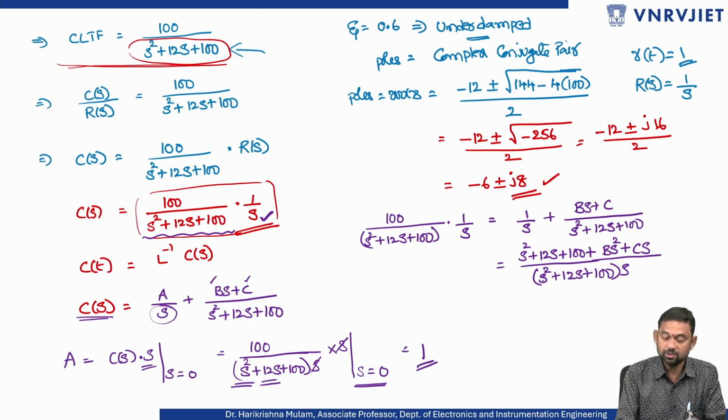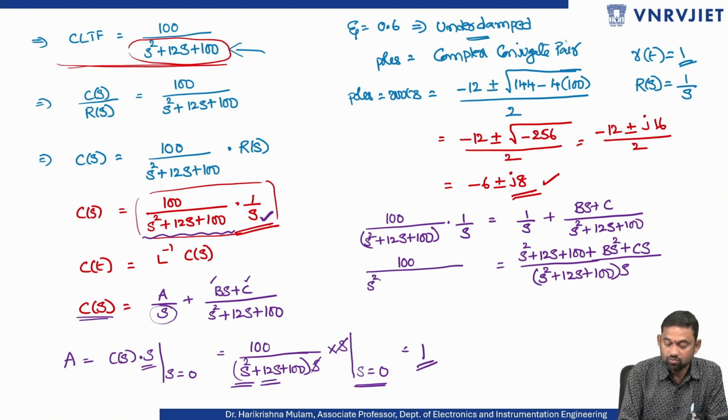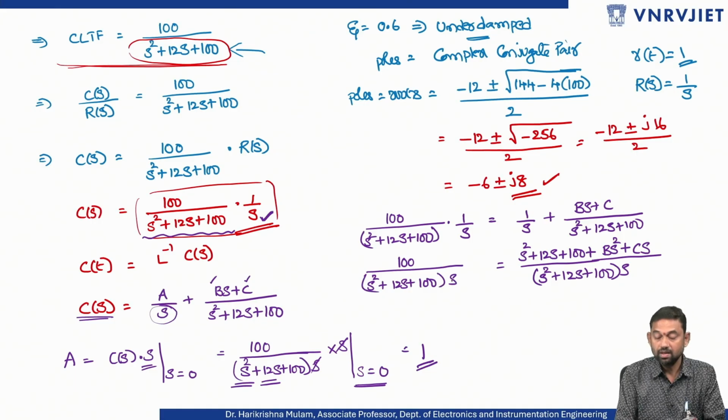And this is the expression on the right hand side, and left hand side it is equal to 100 by s square plus 12s plus 100 into 1 by s. Now if you compare the numerator on the left hand side with the numerator on the right hand side, you will get the values for b and c.